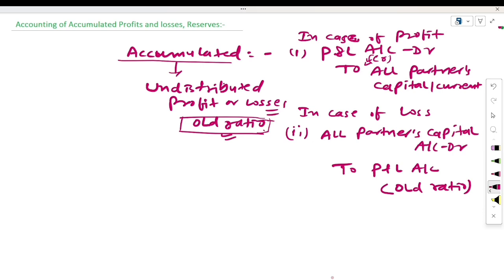If there are any changes after the reconstitution of the partnership, then we will distribute those profits or losses in the new profit sharing ratio. So this is all about the accumulated profits or losses.